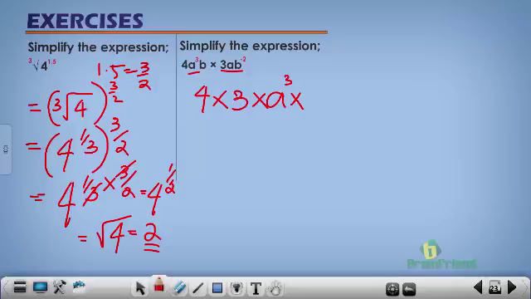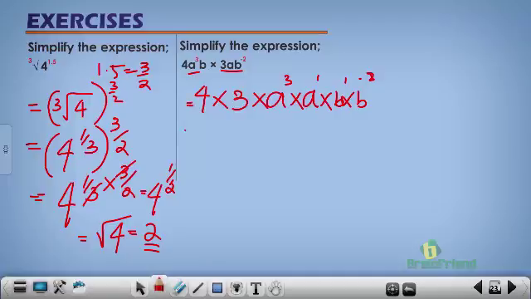We said any quantity left to itself is the same as that quantity raised to power 1. So we would have a raised to power 1 times b raised to power 1 times b raised to power minus 2. So let's work this out.